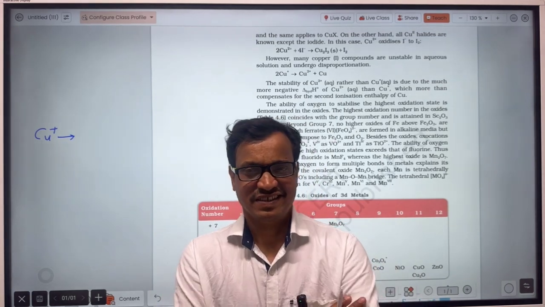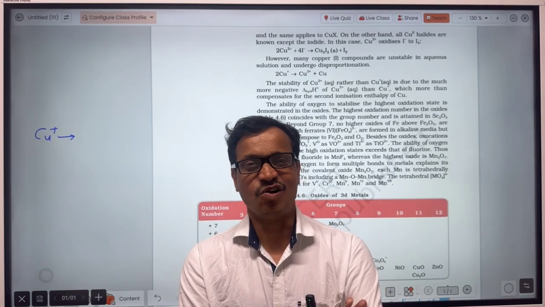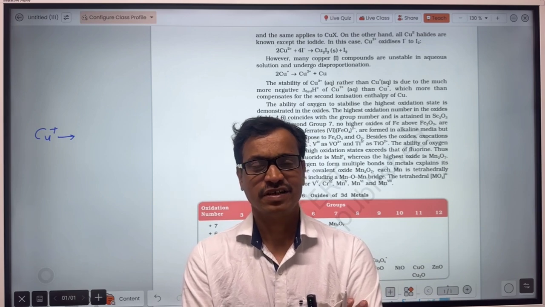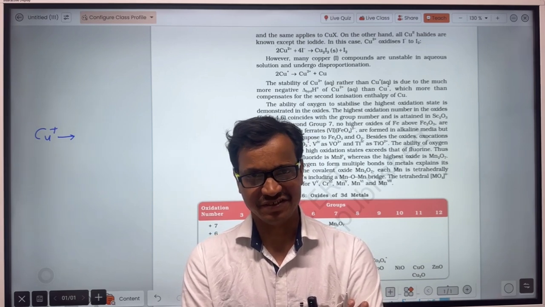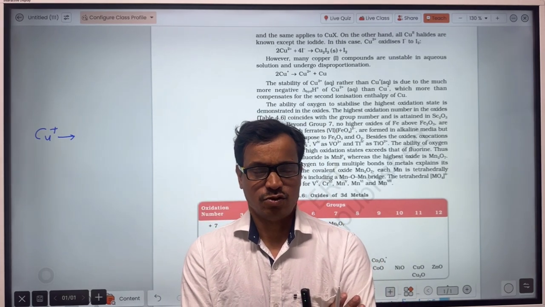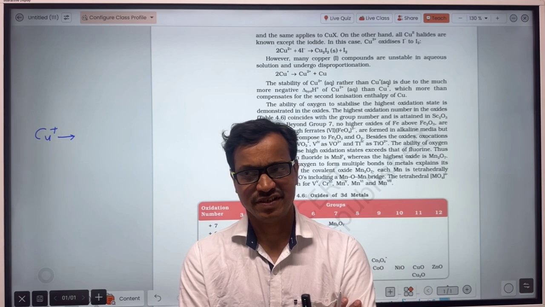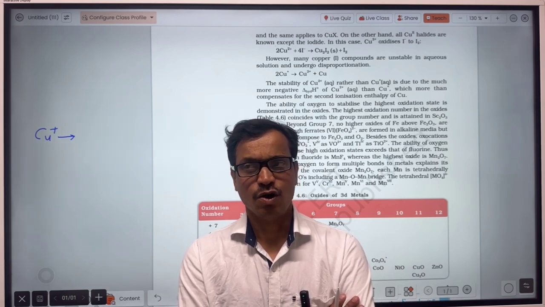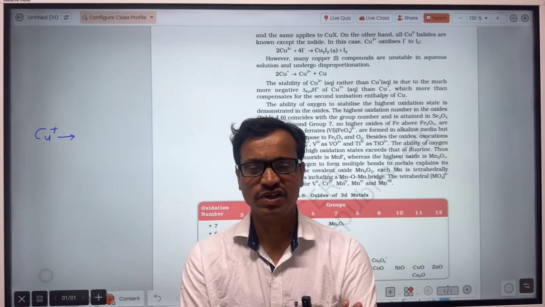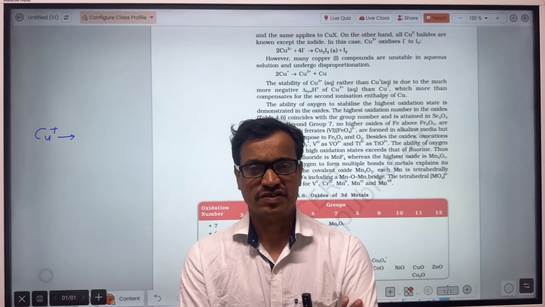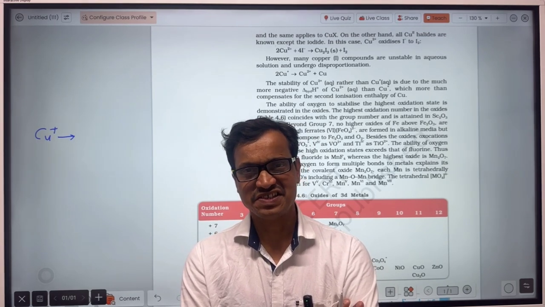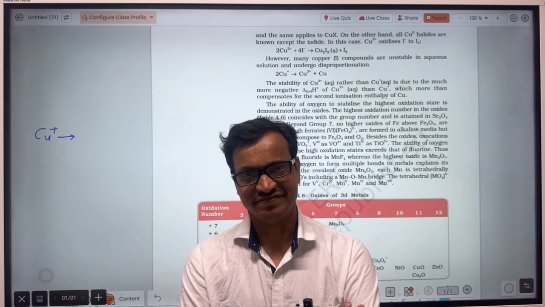Redox reaction is what? The reaction in which the oxidation as well as the reduction takes place, that is called a redox reaction. Oxidation reaction means the reaction in which the oxidation number of an element will increase, and the reduction reaction is the reaction in which there will be a decrease in oxidation number.